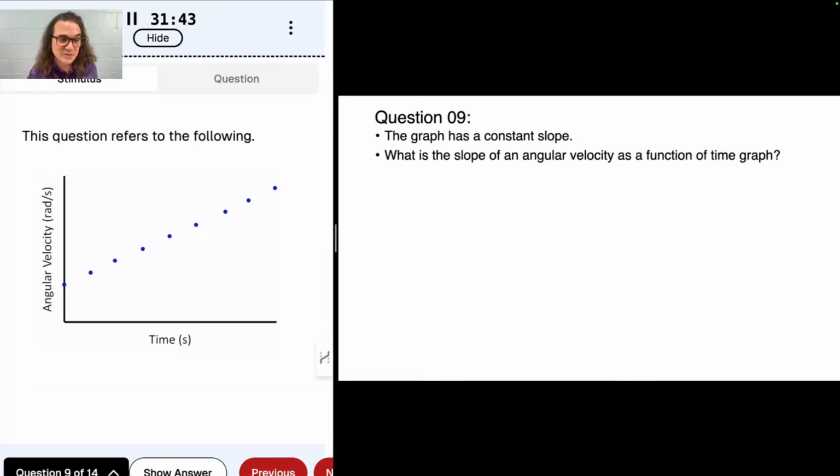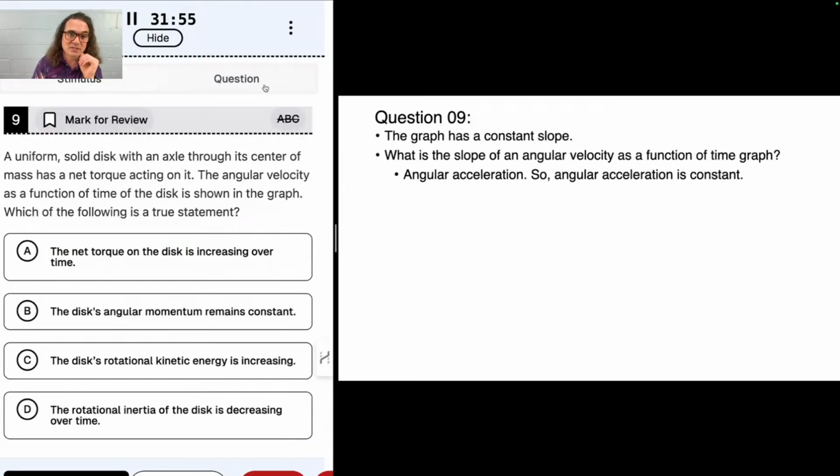Right. It's angular acceleration, just like the slope of velocity versus time graph is linear acceleration. The slope of an angular velocity as a function of time graph is angular acceleration. So we could see here that the angular acceleration is constant.